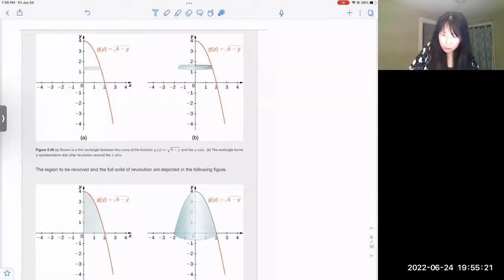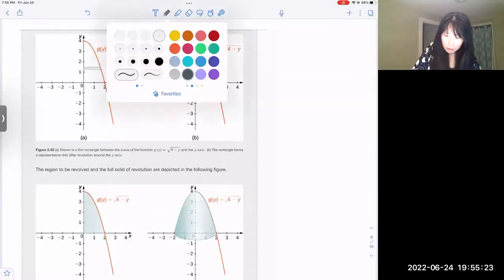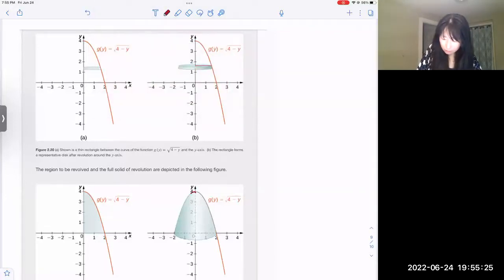So there is the shape like that. Then we want to find the volume, so we make it 3D. Okay? All right, so let us do this problem.